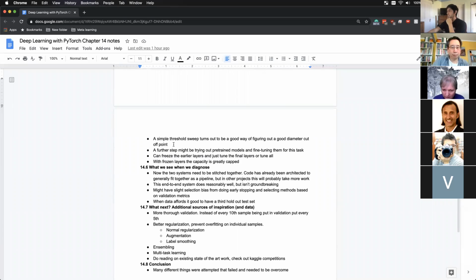So after the thresholds they were talking about, how do we actually go beyond this? How do we do better than just picking a threshold and calling everything below a certain point benign? We can throw another CNN at it. Let's take a look at the ones we've classified as nodules and classify them as benign or malignant.